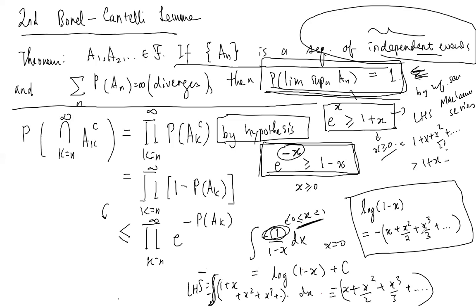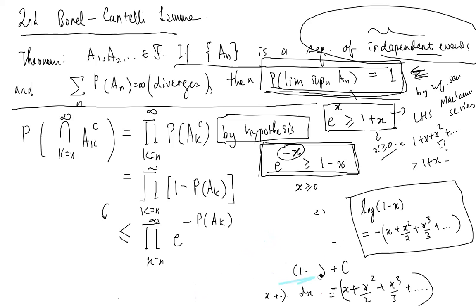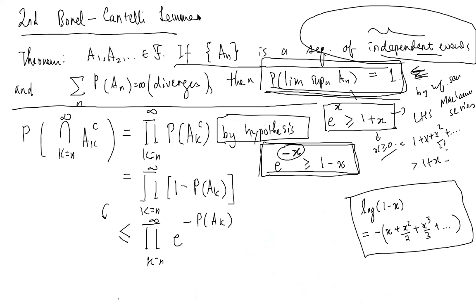So you can do the following. Your log of 1 minus x is equal to minus x minus x squared over 2 minus x cubed over 3 and minus everything, right?